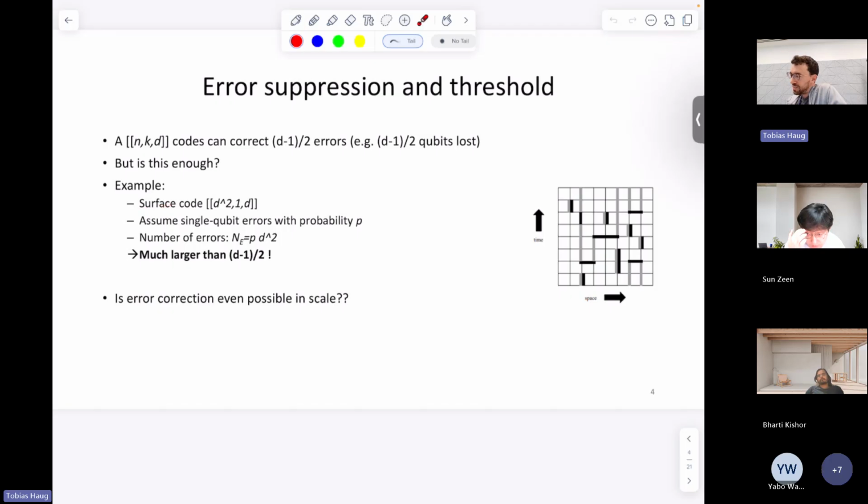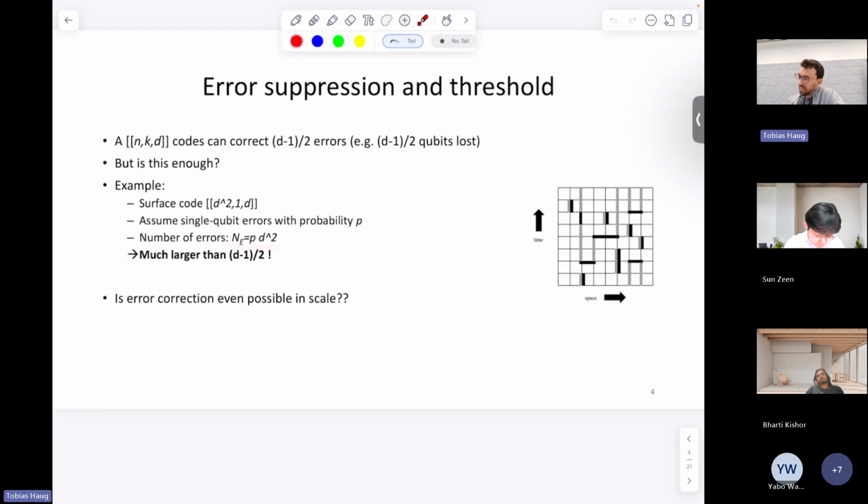And now if you do the math, we can compute the average number of errors that we expect in our system. As we know, the error probability is p per qubit, and we have d square qubits. The number of errors on average will be p times d square. Now, you can obviously see this is much larger than the distance of the code, which gives us the number of qubit errors we can correct.